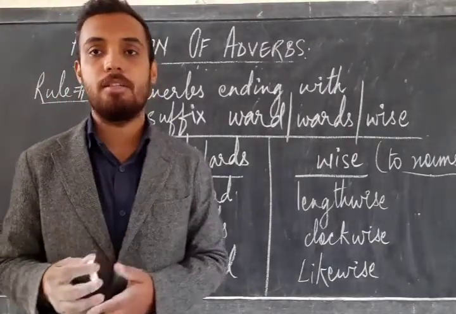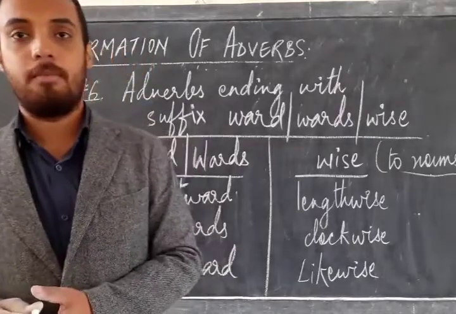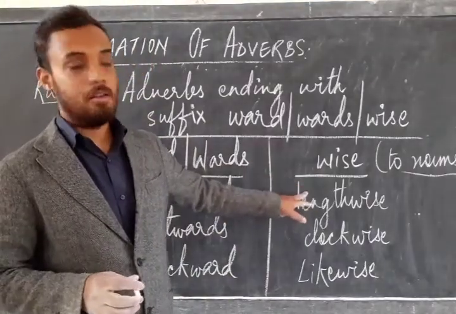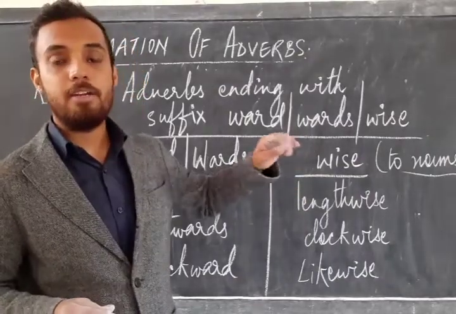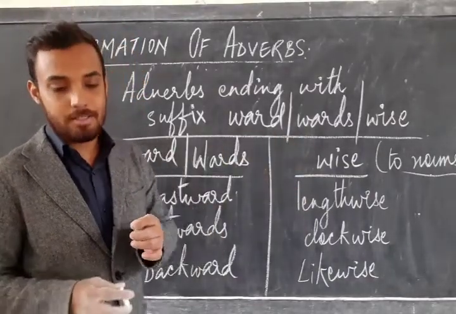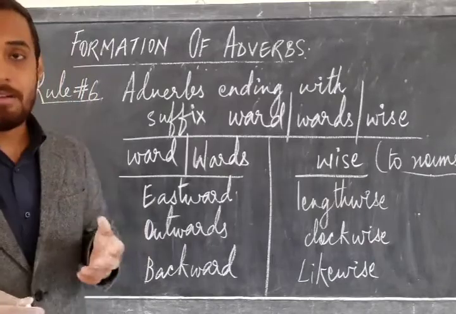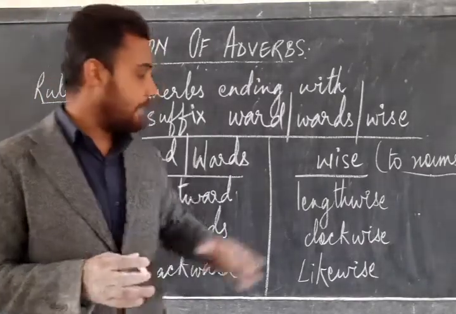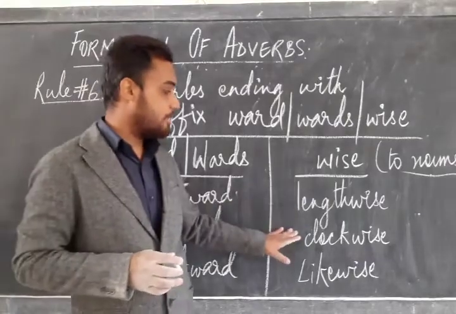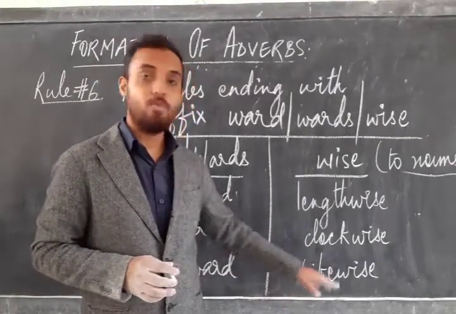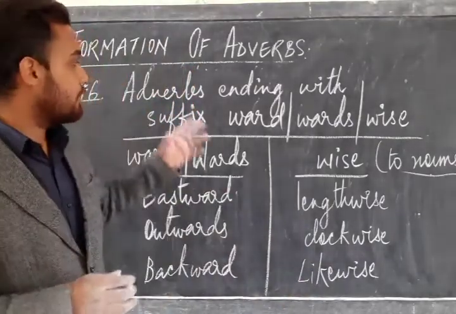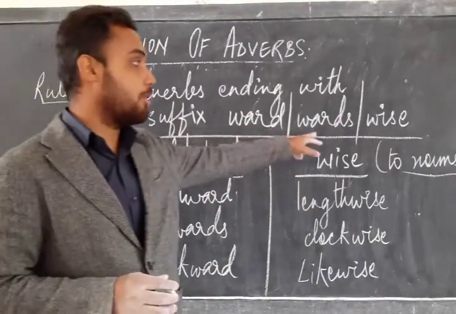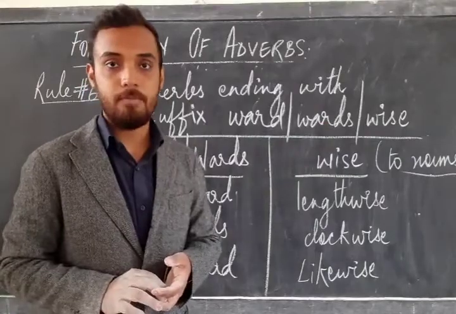These all are suggesting direction. And the suffix wise is added to nouns that suggest manner, direction or reference. Examples: lengthwise, clockwise, likewise. So these are adverbs which end with the suffix ward, wards and wise.